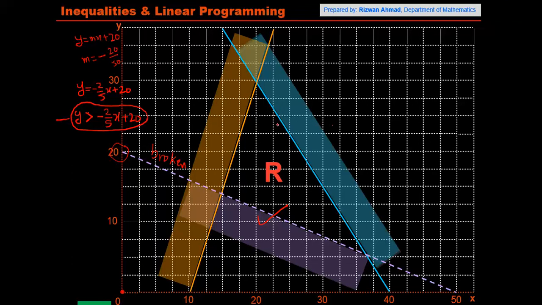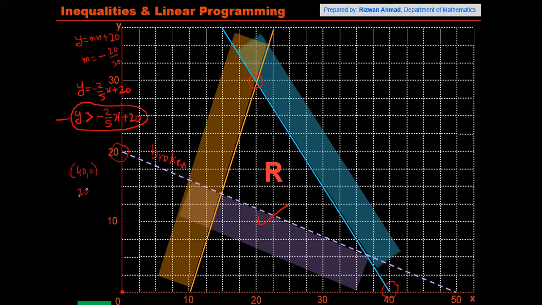Now see the blue one. For the blue one, we don't know its y-intercept, but we can choose any 2 points on this line which are easy to read. One of the points is this, whose coordinates are 40 and 0. So 40 comma 0 is one point. And the second point, we can read 20 here. It's 20 and 30.